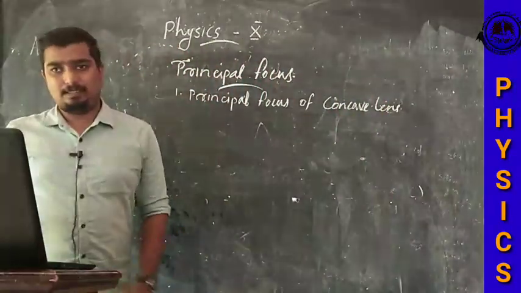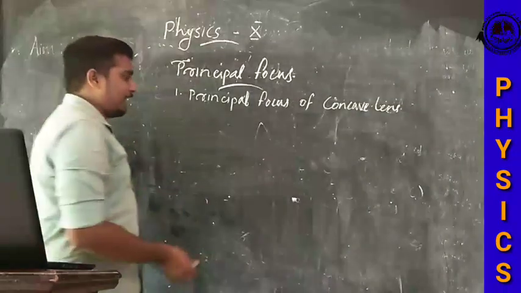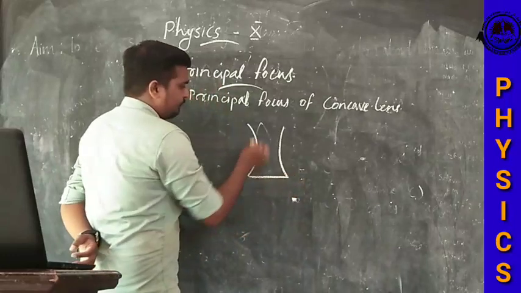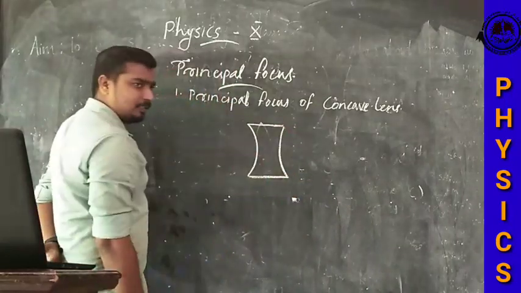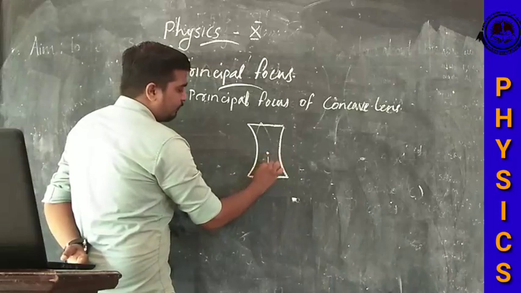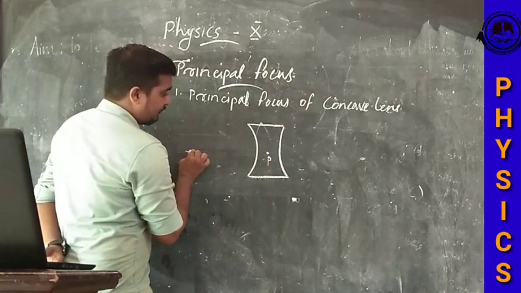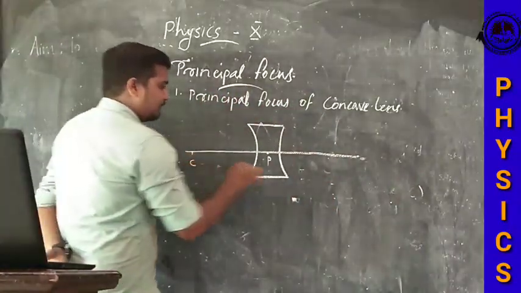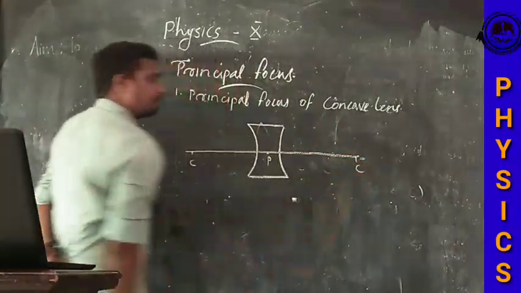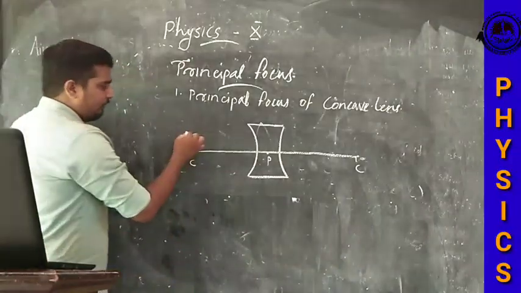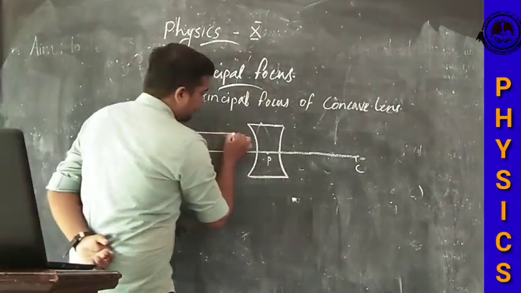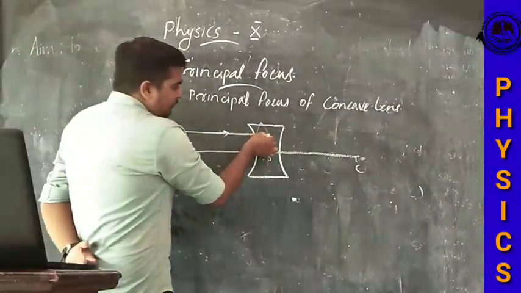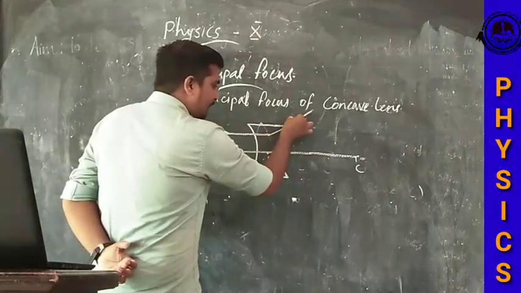The next one is the principal focus of a concave lens. For that, consider a concave lens, of center P, that is the optic center, and this is the principal axis, and this is C, the center of curvature. If the light rays pass parallel to the principal axis, here refraction takes place.